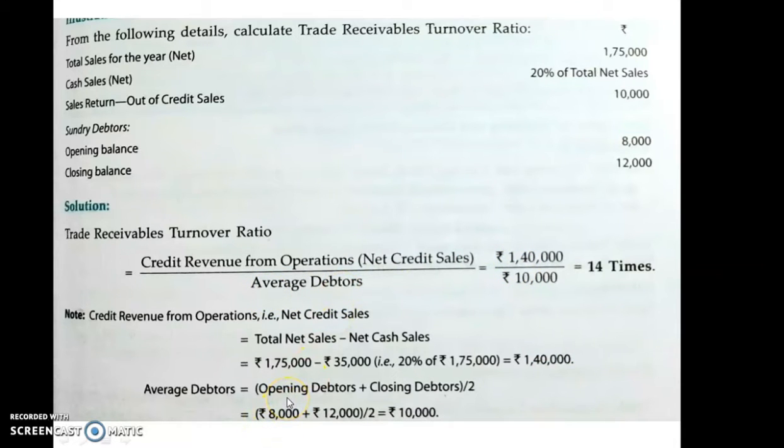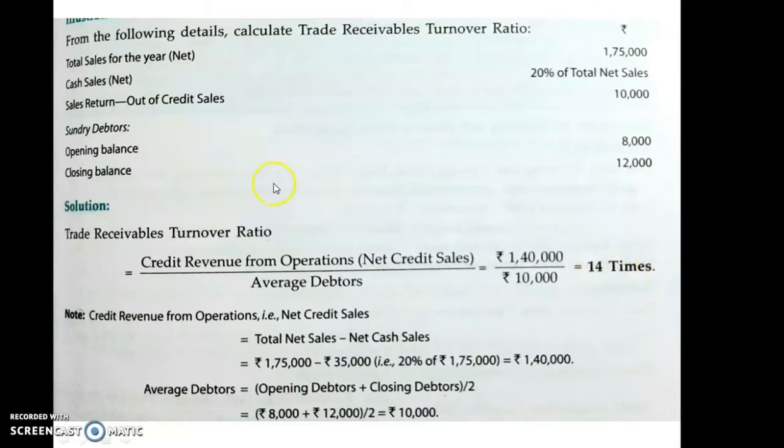Average debtor is opening debtor plus closing debtor. Opening debtor is 8,000 plus closing debtor is 12,000 divided by 2. That will bring 10,000. That amount you will write over here. Dividing it, you will get 14 times.